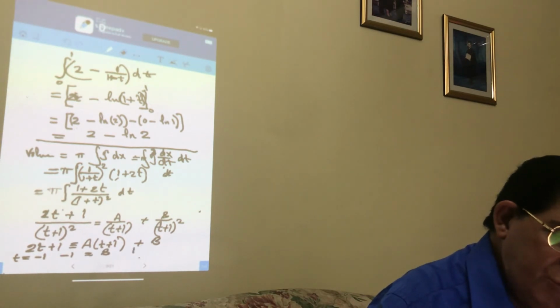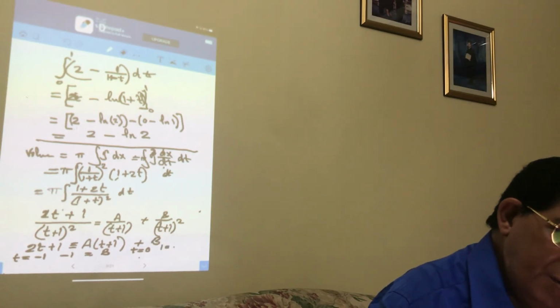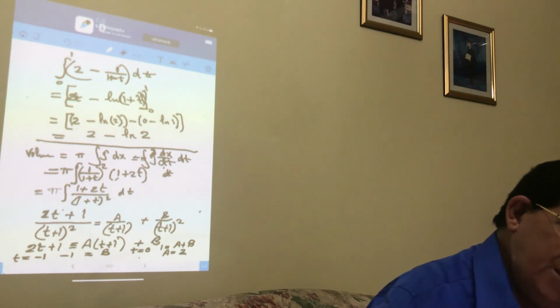Then we substitute t equals 0, and we get 1 equal a plus b. Therefore, 1 equal a plus b, and b equal negative 1, therefore a equal 2. Therefore, we get the values of a and b.